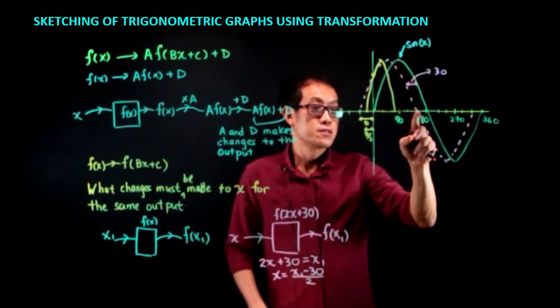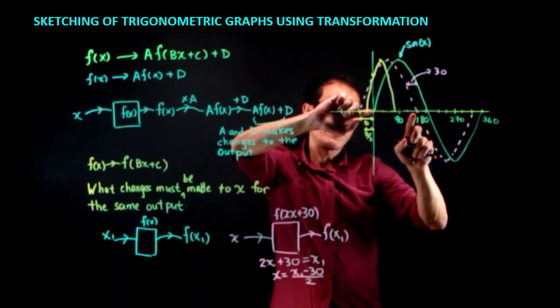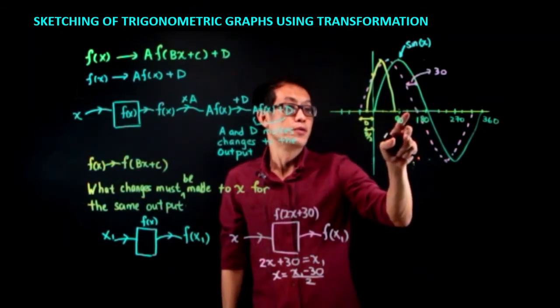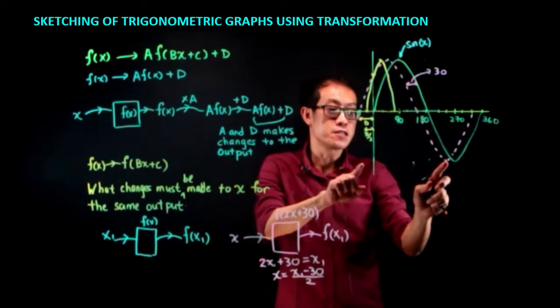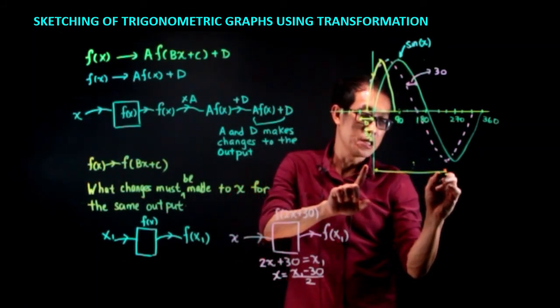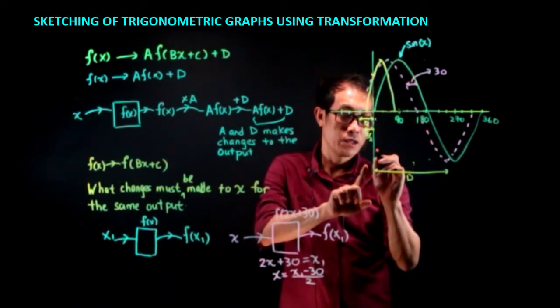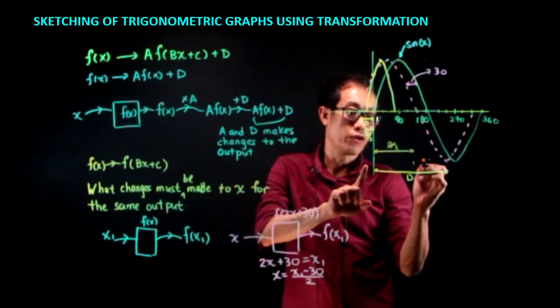Now this is 150. If you half it, this point here will come to this point. Then this point here, this distance is half. This distance is d, because you divide by 2. So now this distance here becomes d over 2 for the same y.